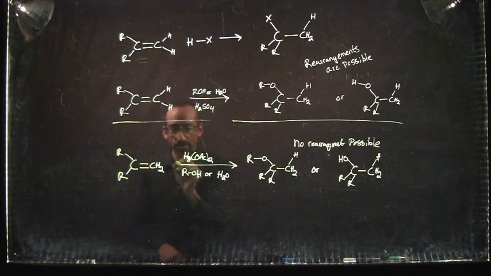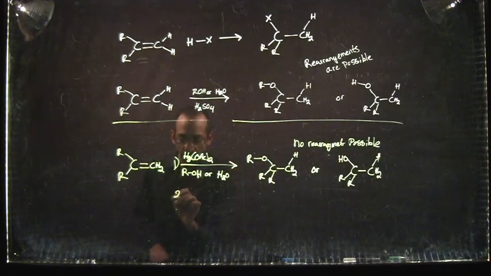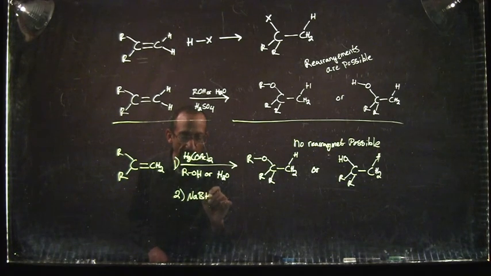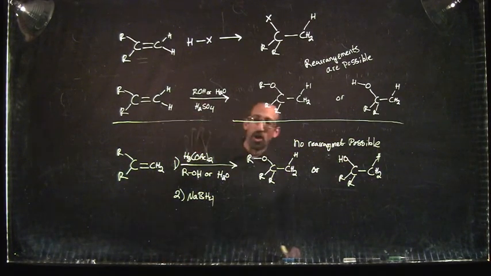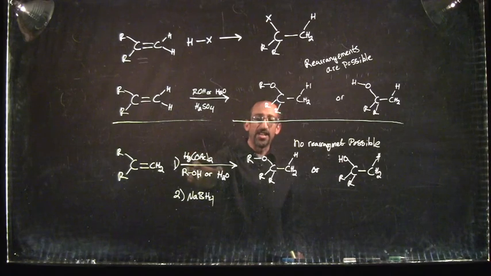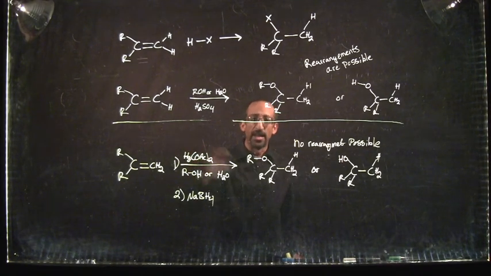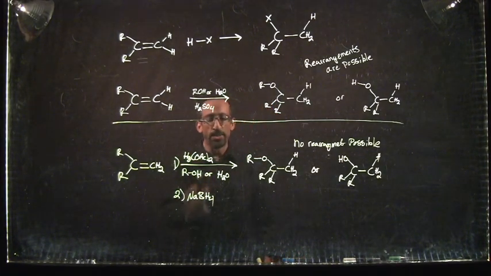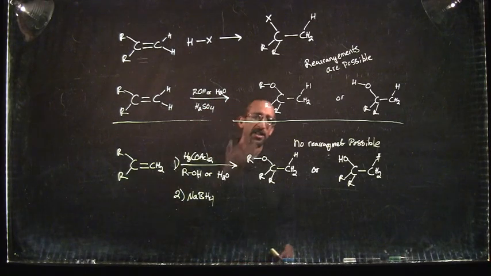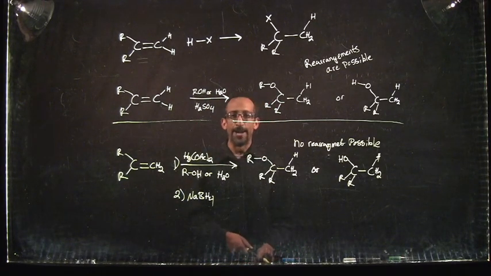So this reagent first, and then, sorry to forget that, we have to have sodium borohydride at the end. So mercury acetate and an alcohol or water, and then finally, after that's complete, we add in sodium borohydride to get that mercury off of our carbon atom.